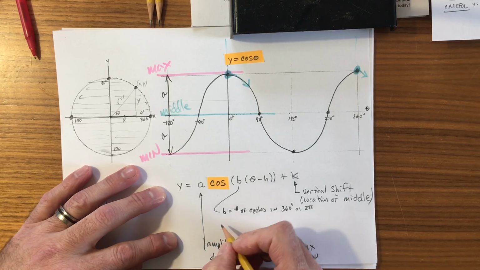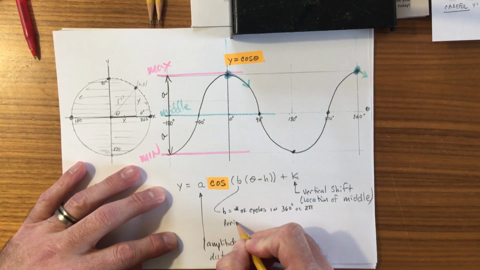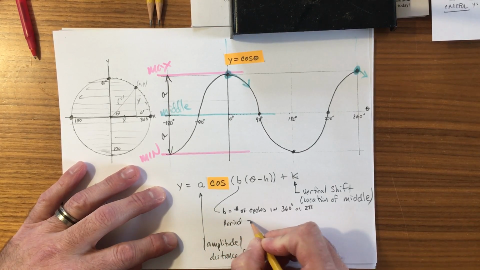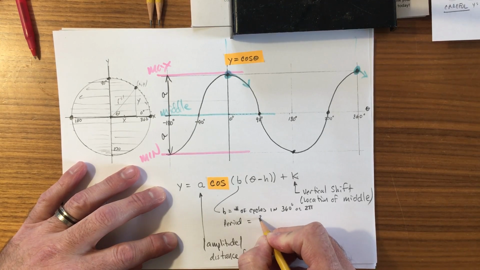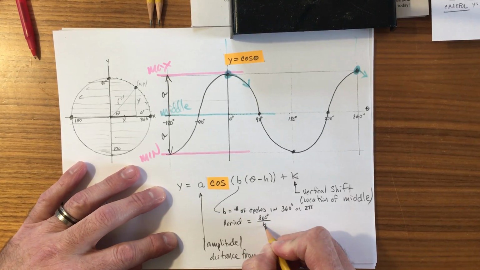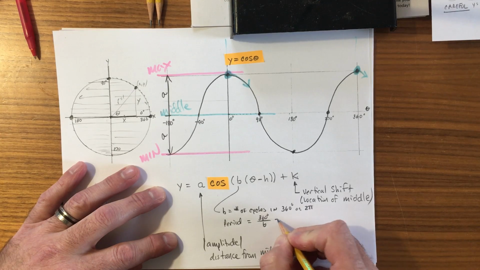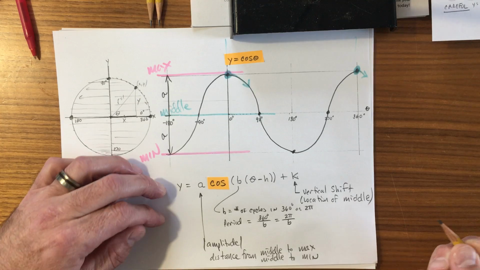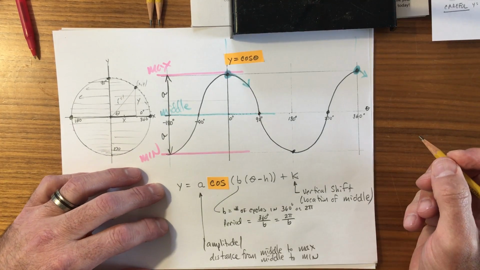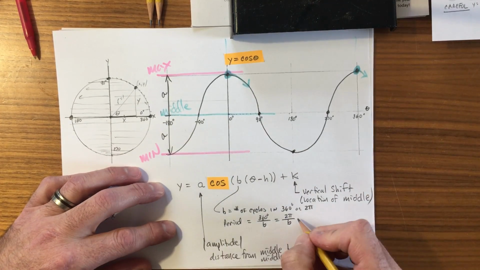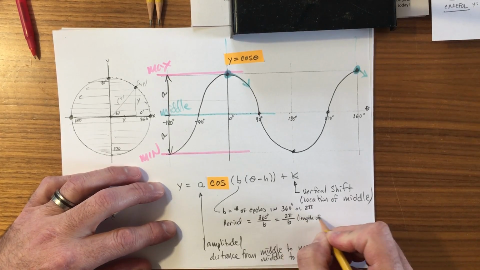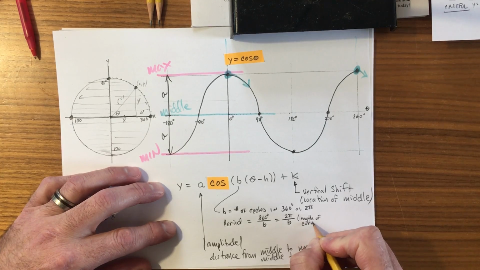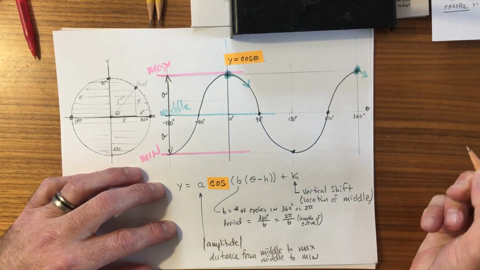And then the period, which is the length, is equal to 360 divided by b, or 2 pi divided by b, depending on whether you're in degrees or radians. And remember, the period is the length of the curve, the sine or the cosine curve.